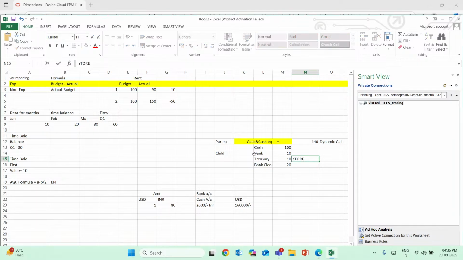All the base level members, we can either give the value or the property as store or never share. So to input the data or to load the data directly into the base members, but there is a difference.